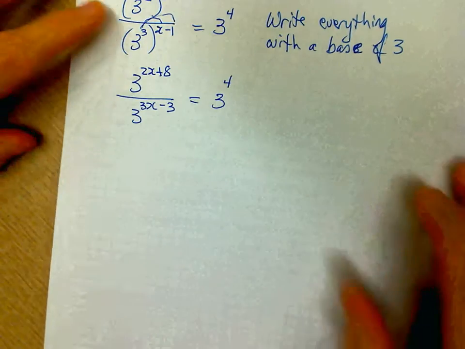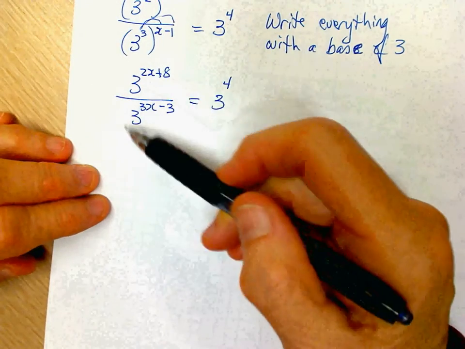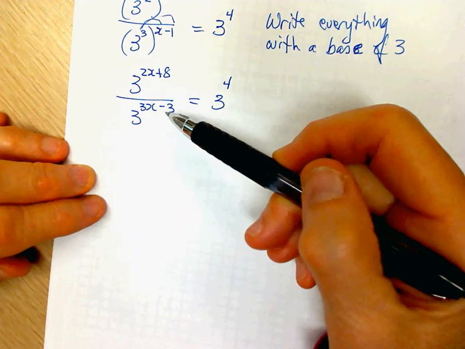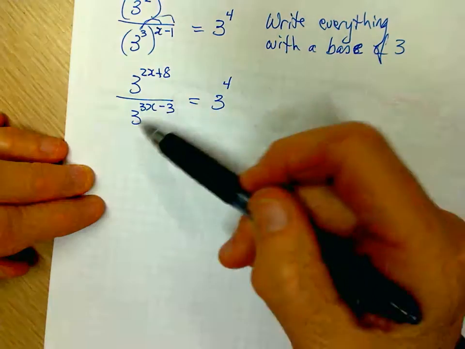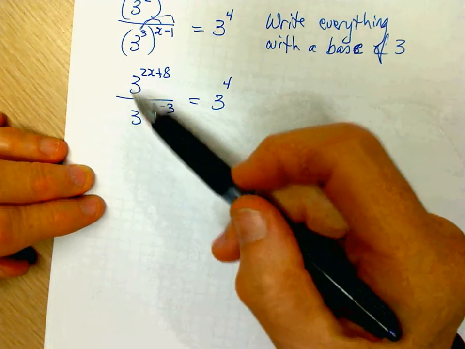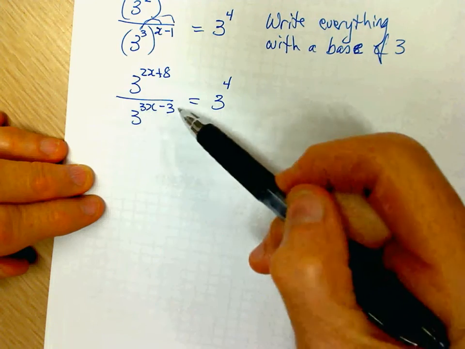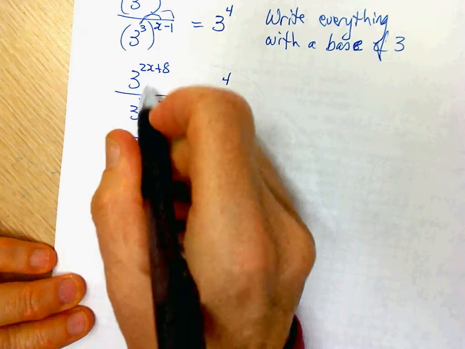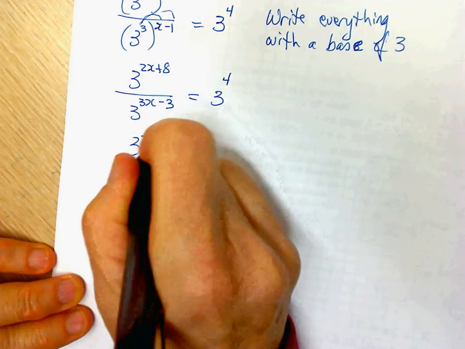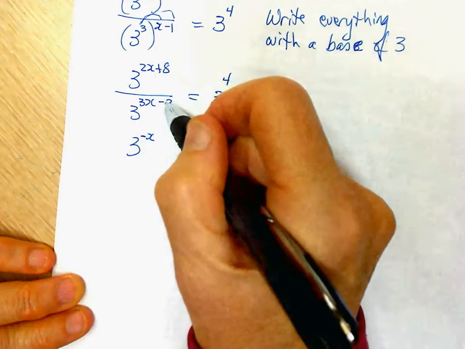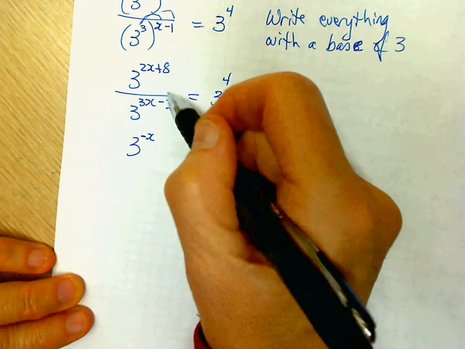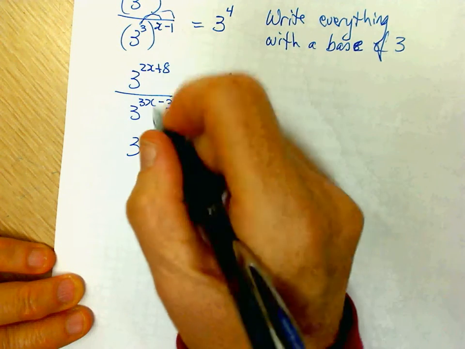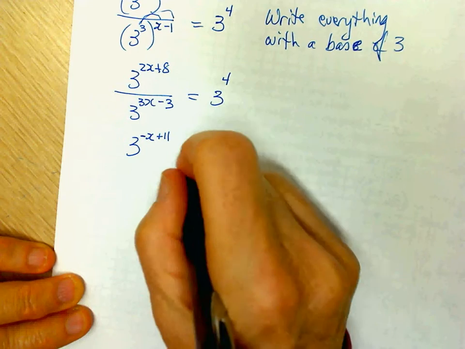So now what we can do is simplify this. You could multiply both sides by 3 to the 3x minus 3, but let's just subtract. So we have 2x minus 3x is negative x. 8 minus a negative 3 is 8 plus 3, so that's plus 11, equals 3 to the 4.